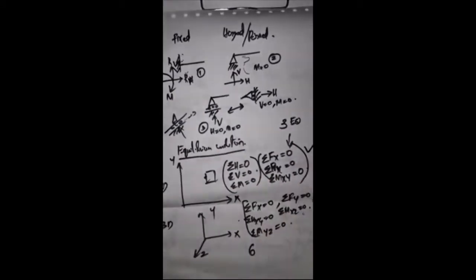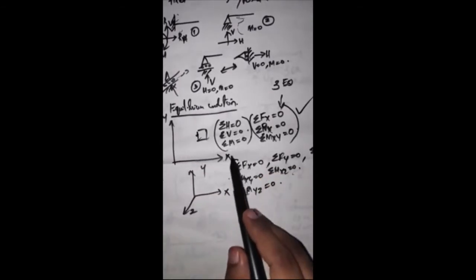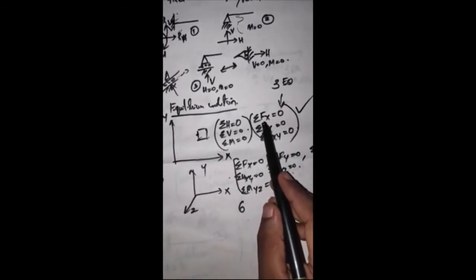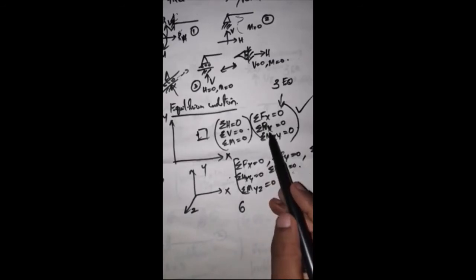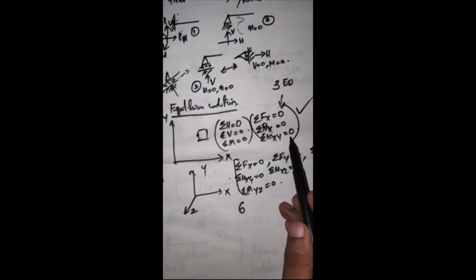Then, in order to find these reactions, we need some equilibrium equations. In 2 dimensions we have 3 equilibrium equations: forces in the x direction should be 0, forces in the y direction should be 0, and the moment in the xy plane will be 0.